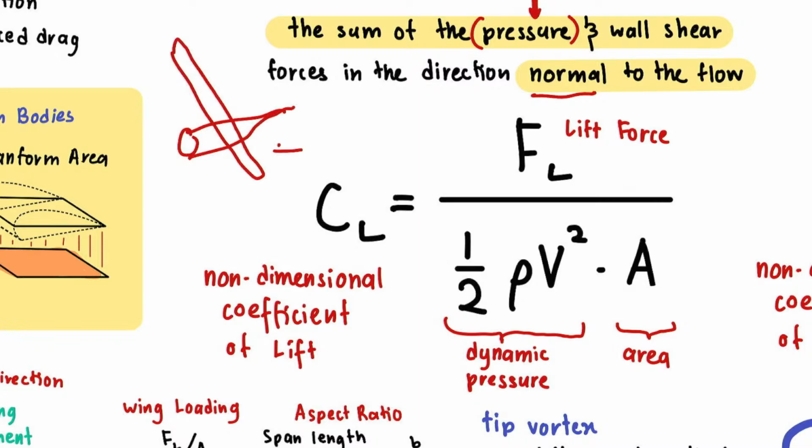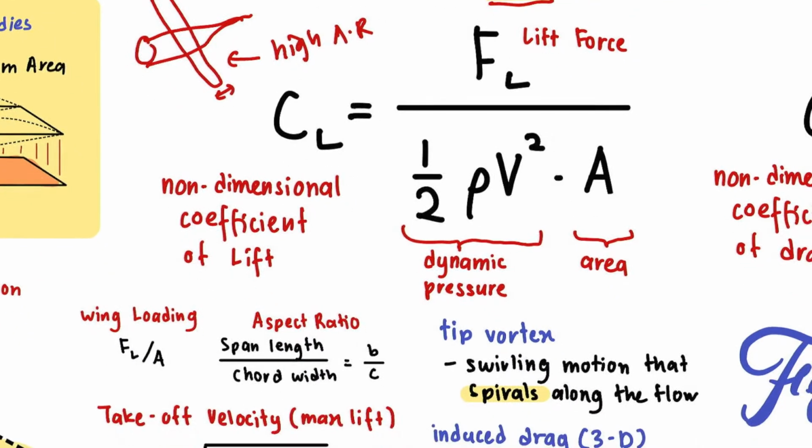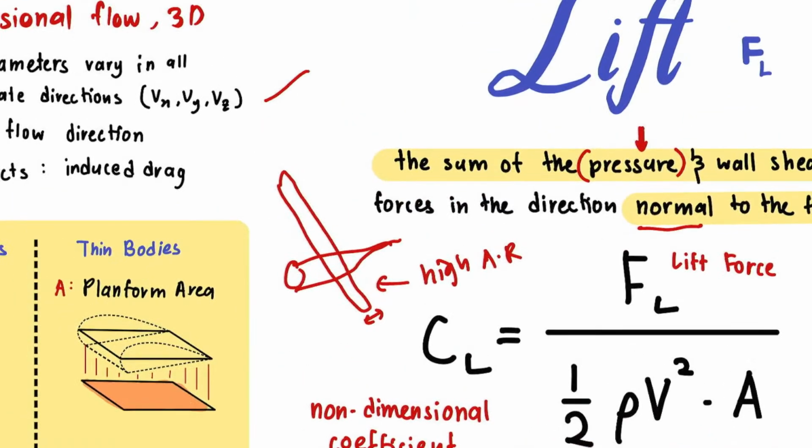Okay, this is what you call high aspect ratio. The wing is long and the chord width is small. Okay, but if you draw something like an aircraft, like a fighter jet, wow, what kind of fighter jet is this? I don't know, bro.